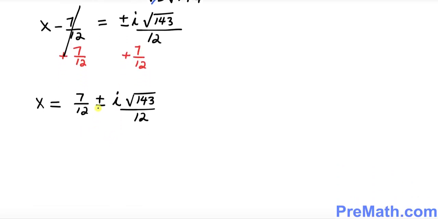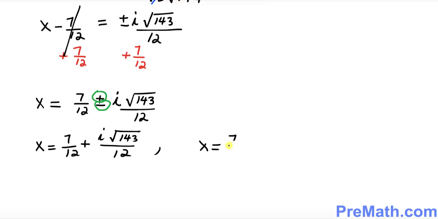Or you can just simply, if you want to, split them up along these positive and negative signs. You can do so as well. So I can put down x equal to 7 over 12 plus i times square root of 143 divided by 12, and the second solution is x equal to 7 over 12 minus i times square root of 143 divided by 12.